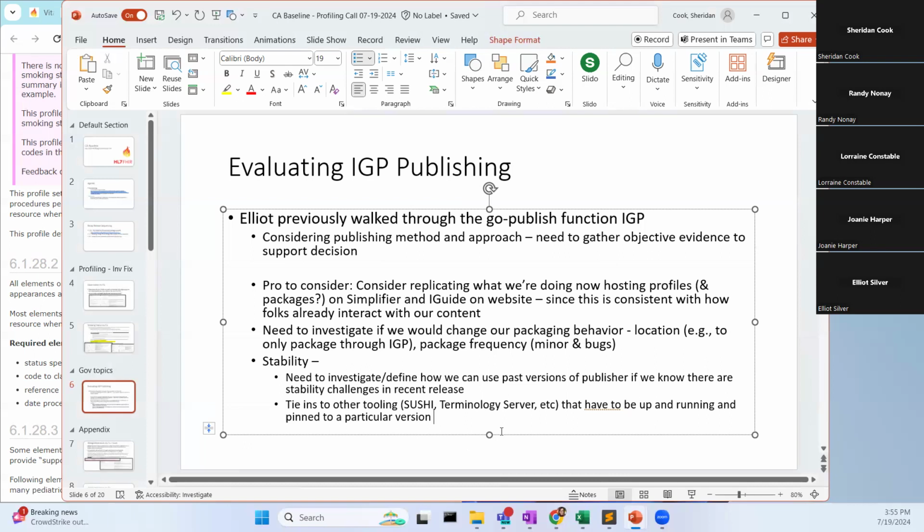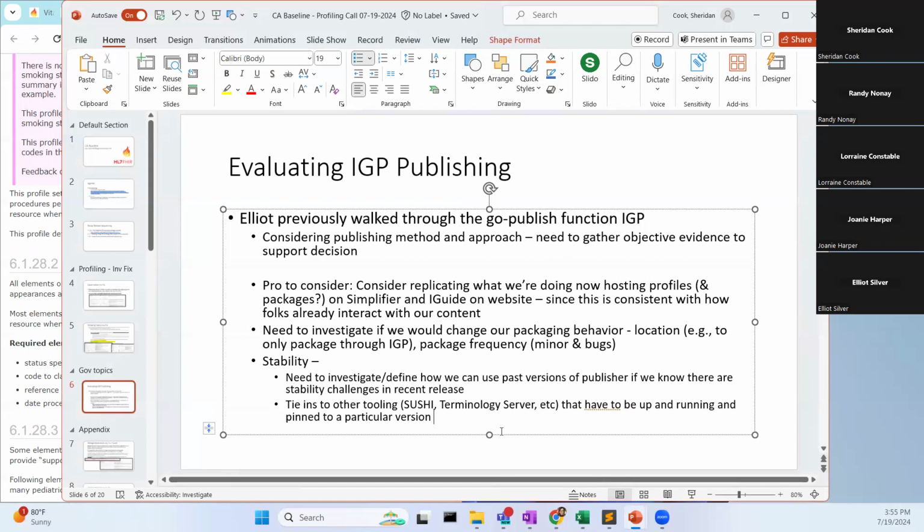So they provide the terminology server that needs to be referenced when they publish AU Core v0.3. I think it's an important thing for us to consider, particularly with the recent announcements around our Canadian terminology server. So I think it's a process step, but I don't think it's going to help us evaluate one tool over the other.